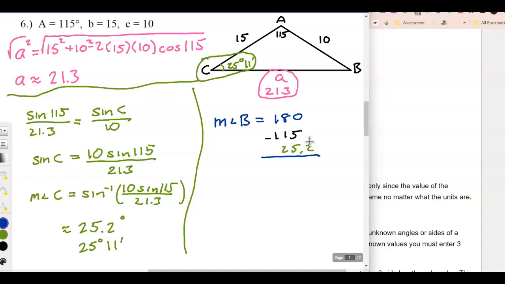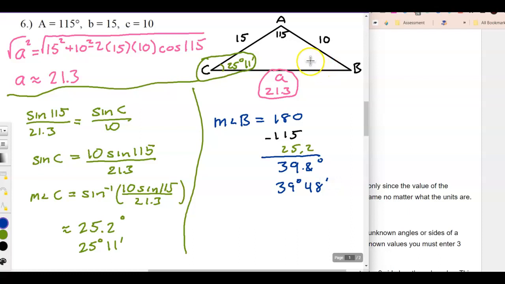So we get 39.8 degrees, which is 39 degrees and 0.8 of an hour. Let's double check: 80% of an hour would be 48 minutes.